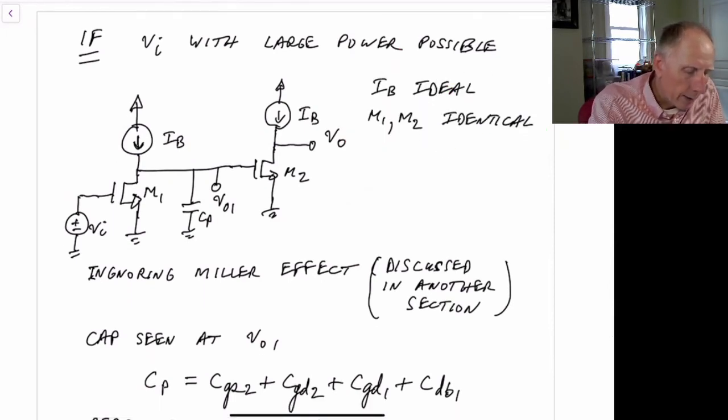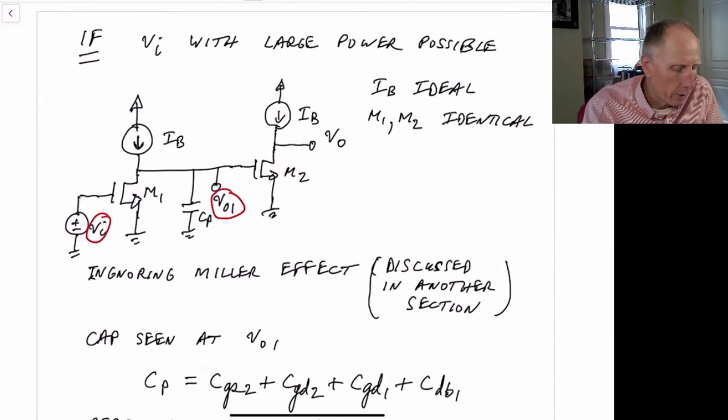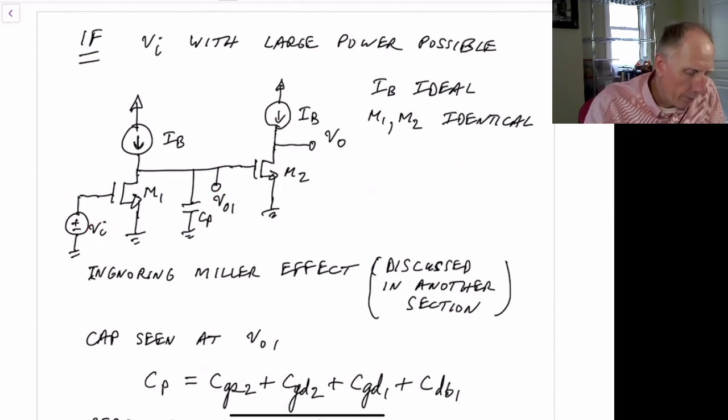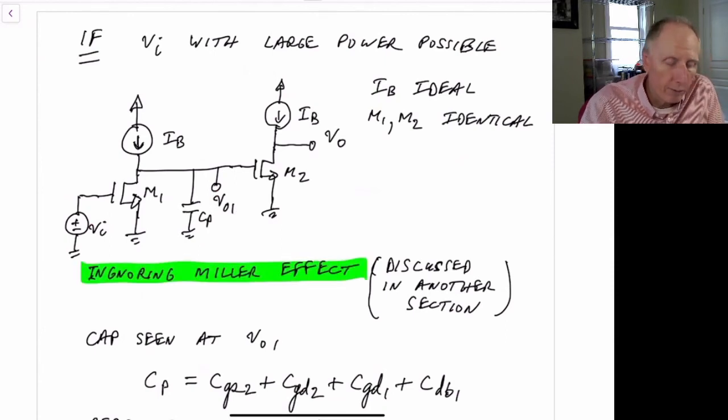So in this case here, we'd like to know, well, what is the gain from VI to this node here in the middle at this point? So V out over VI will still have some finite bandwidth. It will drop off. And we'd like to know, when is the gain from VI to VO1 going to be equal to 1? In this case, we're going to use our analysis, and we're going to ignore something called the Miller effect.